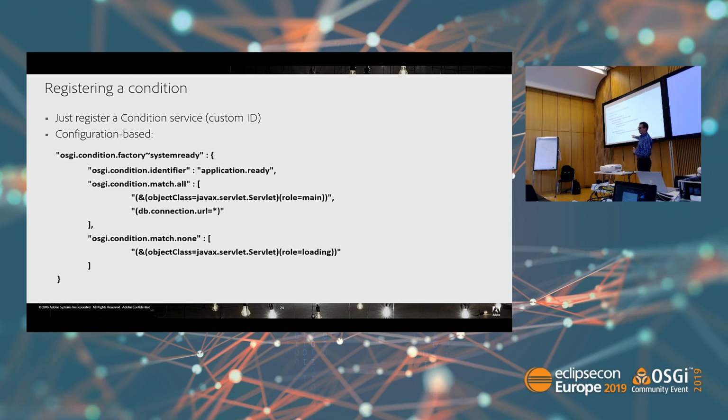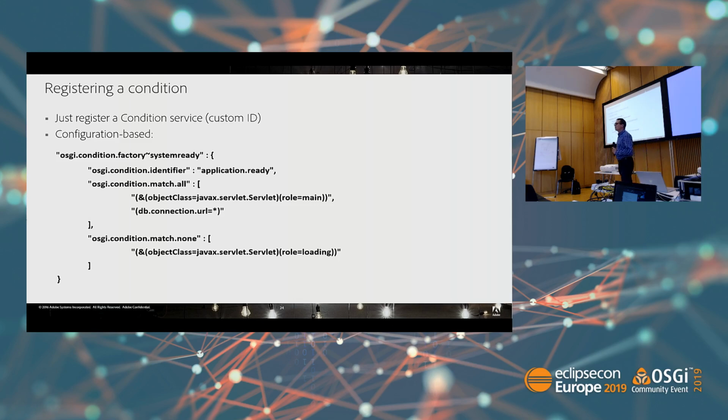And then there's a list of things that cannot exist for this ready condition to be there, and that's that there is a loading servlet. So in many systems, if they take some time to start up, you might have a loading servlet that shows some page when you access it, saying we're still loading. So while that one is still there, the application is not ready, but if that one's gone and the other services are there, the condition service is registered.